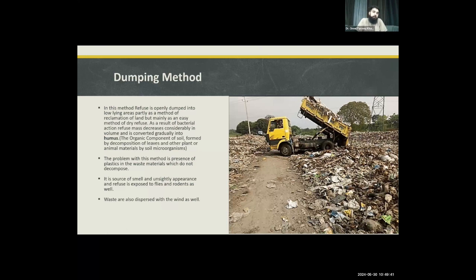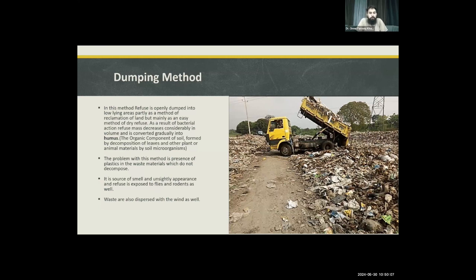So basically, they have a depression in land, and they want to fill that depression. So what do they do? They start putting waste materials into that depression to fill it, which is not a good practice at all. But this open dumping method is being used in almost all of the developing countries, or in almost all of the underdeveloped world. So this method we will discuss.